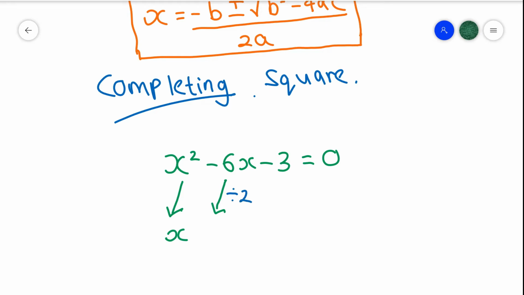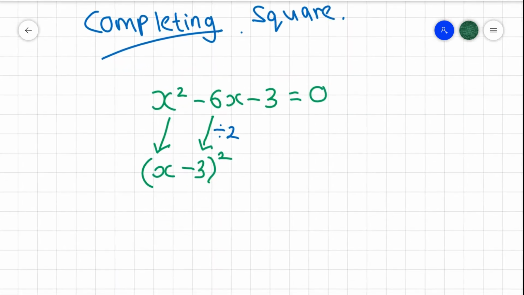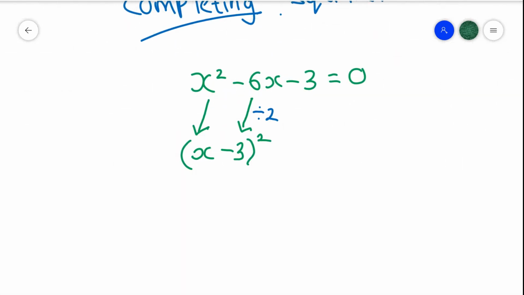So we take minus 3 from there, and then we square this term. The steps are: take x from the first term and take half of the second term, and square it. After we square it, we can include the third term, which is already there. We're not going to make any changes. We will include that here, minus 3.